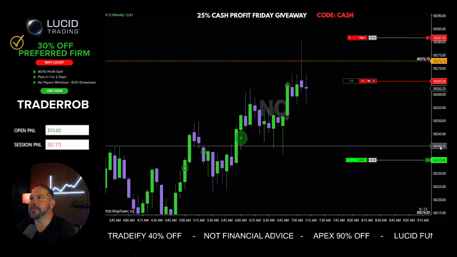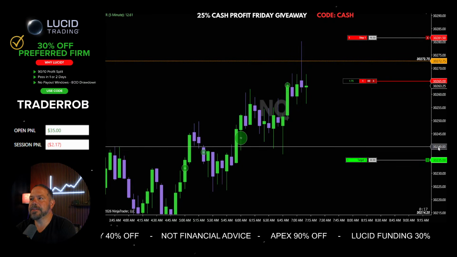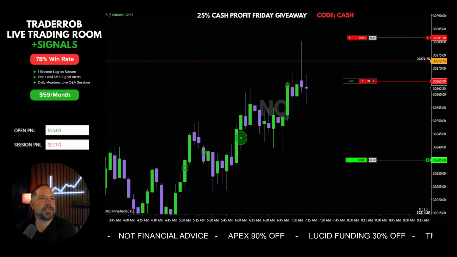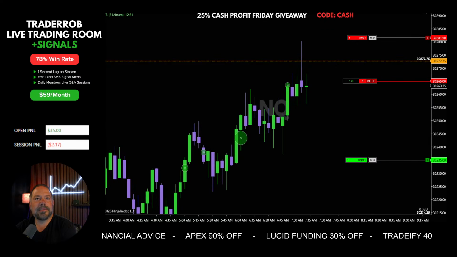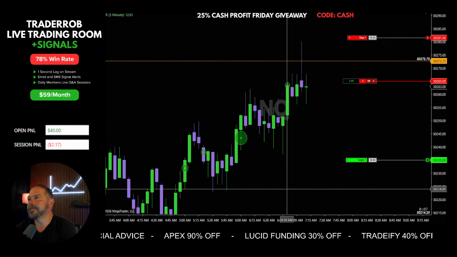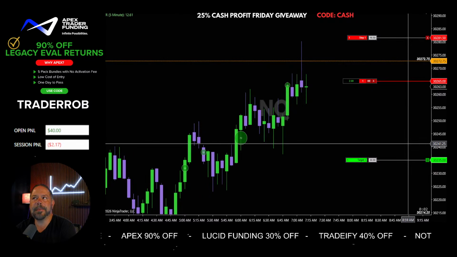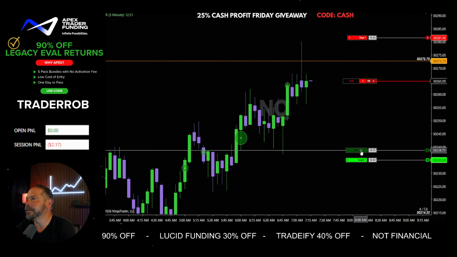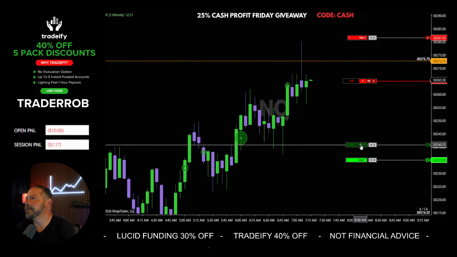Did get my delta flip in, so again, just looking for some continuation down here. As far as a viable target, the 41s look really good. The 41s right here look really, really strong as well. That might be somewhere where I want to take my TP, somewhere right around here.